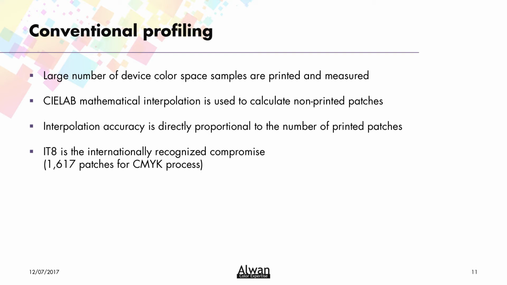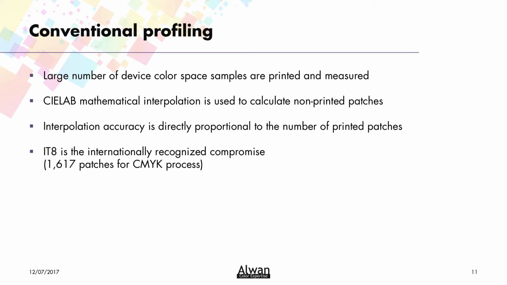This is why you print IT8s, which contain approximately 2,000 patches. And these IT8s allow you to sample the color space at some critical points that have been found to be representative of what is needed to have a good color model of a press. And then a mathematical operation called interpolation is used to calculate your 10,000, 1 million colors that are not printed.